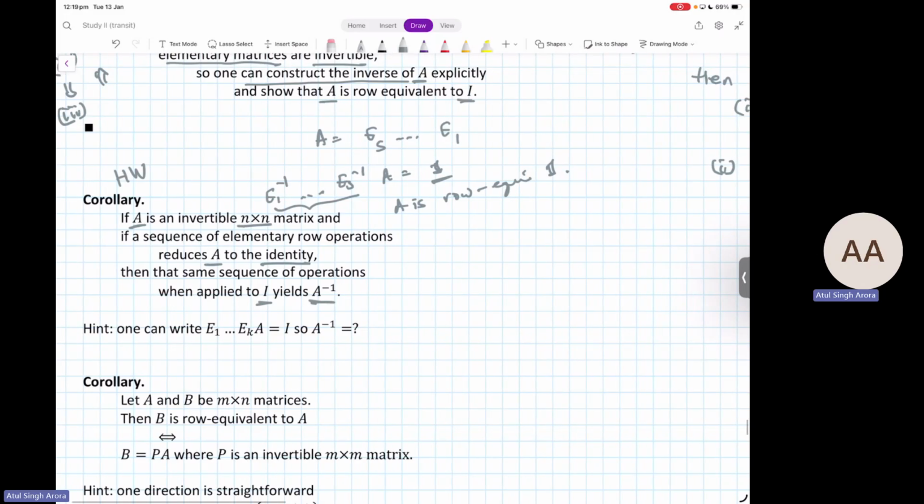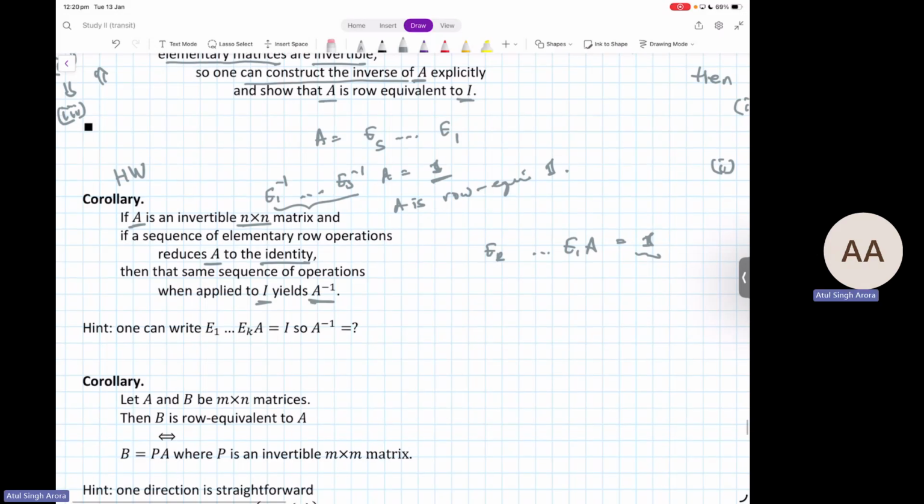All that this is saying is that if you have A and you multiply it by a sequence of elementary operations that gives you identity, then it is claiming that if you apply the same sequence on identity, then you basically get A inverse. That's it. It's just one step.